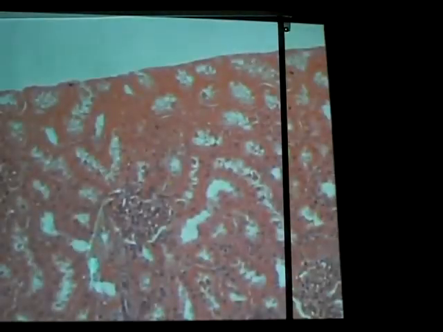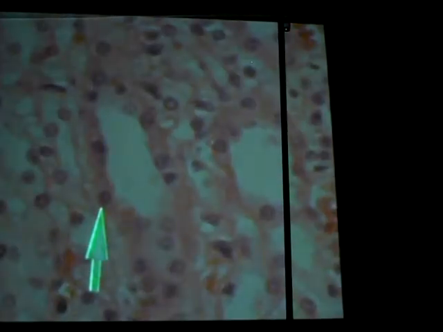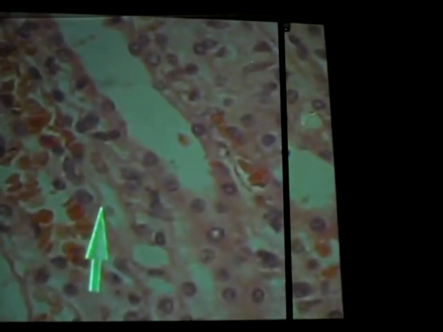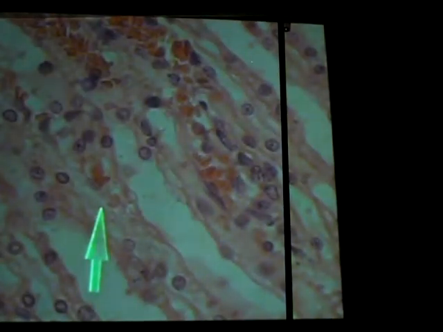Again, moving from our cortex, as we go down into the medulla, on this one I found a couple of thin loops of Henle that were pretty distinct.